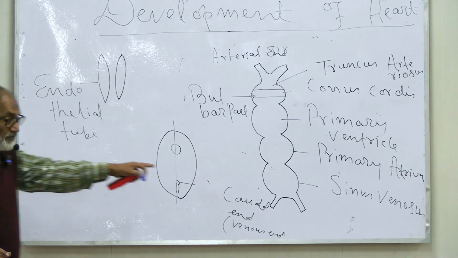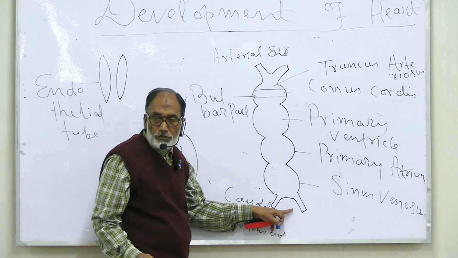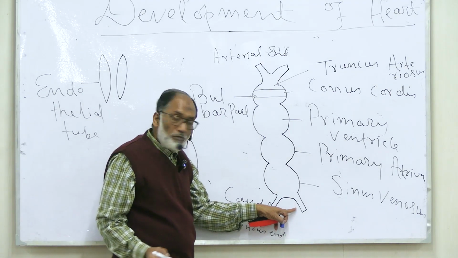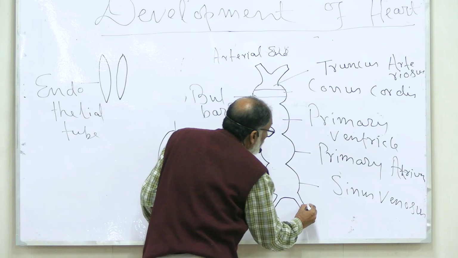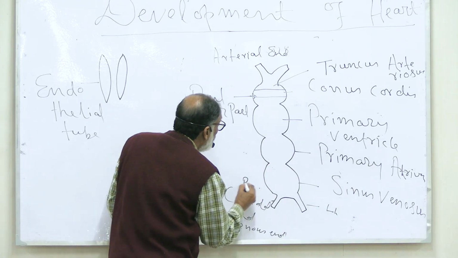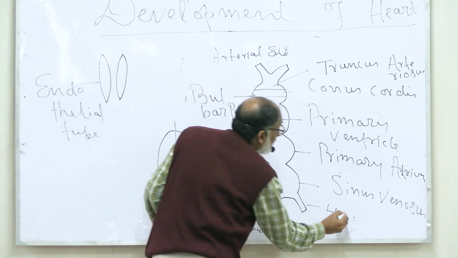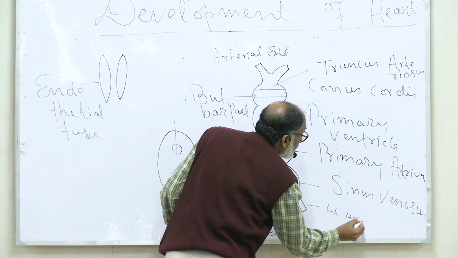The bifurcated or unfused part is known as the horn of the sinus venosus. This is the right horn of the sinus venosus, and this is the left horn of the sinus venosus.